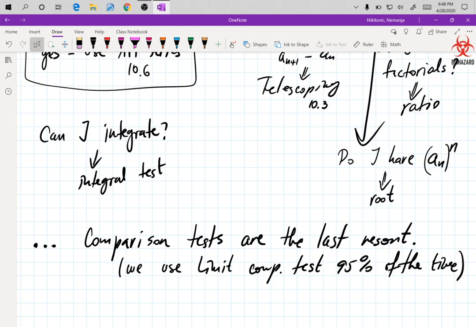Now you have this chart, and I like this chart because it is way better than what you have in a textbook. You have one of these in your textbook, and it's missing telescoping, right? And it's not in what I would call a proper order. The reason why I like this particular chart is, look, the nth term test, that's your divergence test, is first, telling you to use that, right?